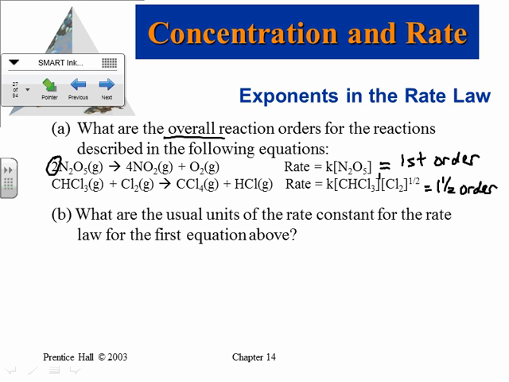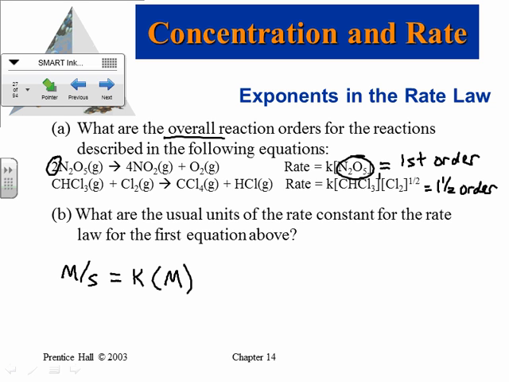What are the usual units of the rate constant for the rate law for the first equation above? Okay. So for the first equation, when we've got a reaction order of 1, if we think about our rate, usually it's molarity per second. Molarity per second equals whatever our k is times the concentration, and the units are going to be molarity.